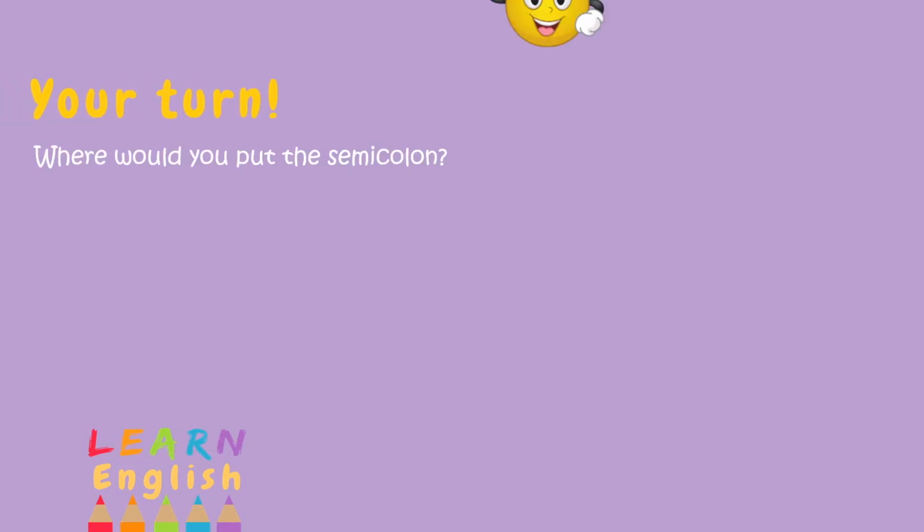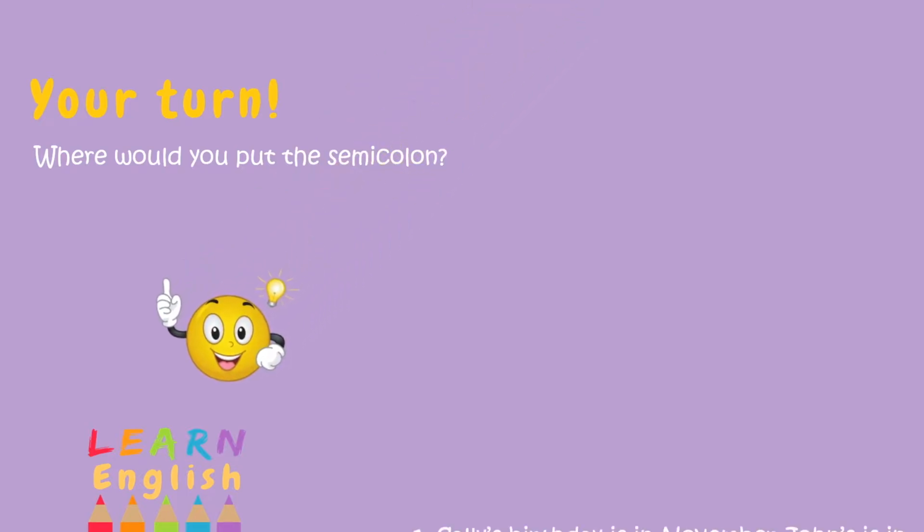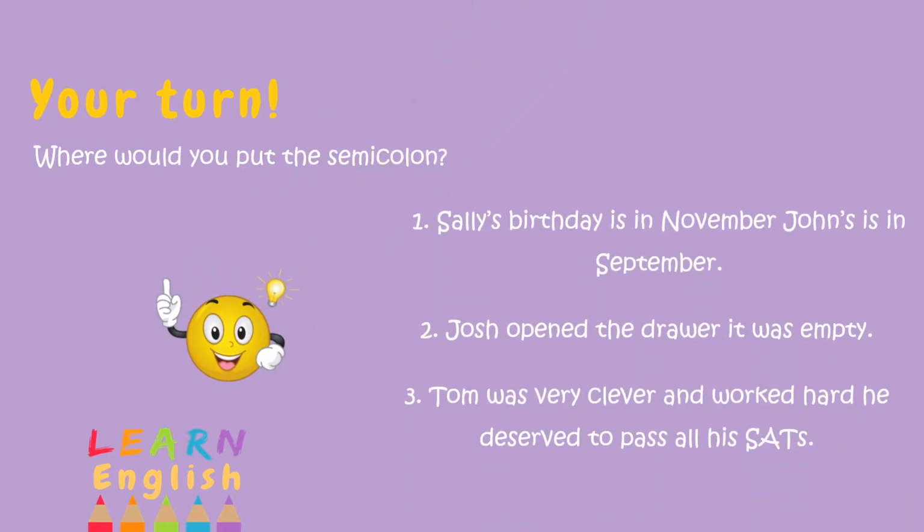Let's have a go and see where you would put the semicolons in these sentences. Pause the video and have a go. Here are the answers. Can you see how the section on either side of the semicolon is linked? You can check if you've used a semicolon right by thinking, could each side be 2 separate sentences?